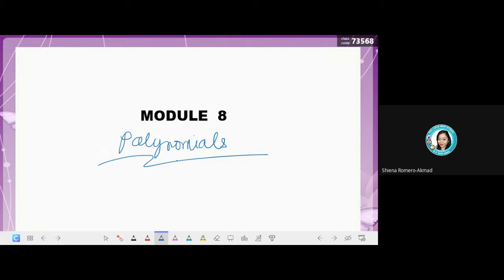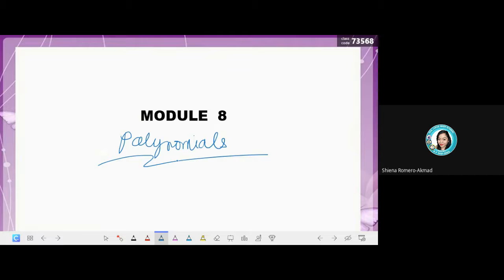So when we say polynomials, these consist of variables, integers, and yung mga variables natin dito, meron na rin yung mga exponent, and so on and so forth. Okay, so those are polynomials.